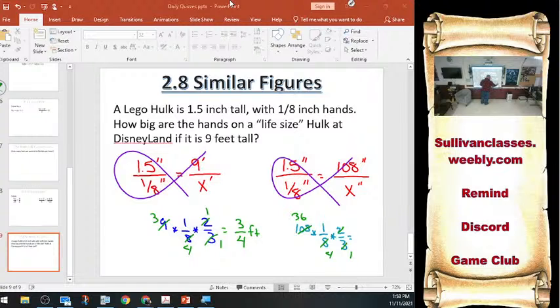Getting 36 over 4, or continue to reduce, getting 9 inches. So whether you had 3/4 foot or 9 inches, whether you converted or not, you're still going to get the same thing.